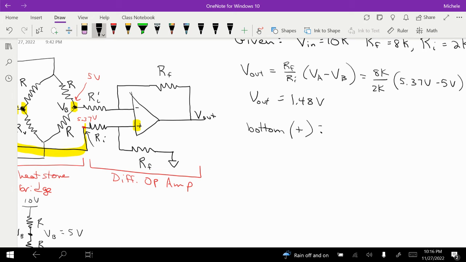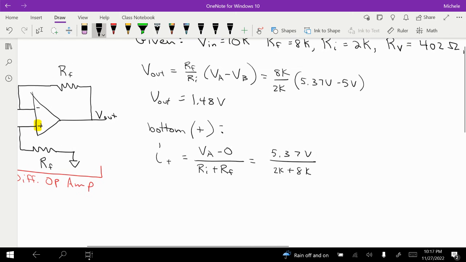So I want to know what the current is. I plus is equal to VA minus 0, because that's the voltage drop across RI plus RF. So that's going to equal 5.37 divided by 2K plus 8K. And that gives us 0.537 milliamps.